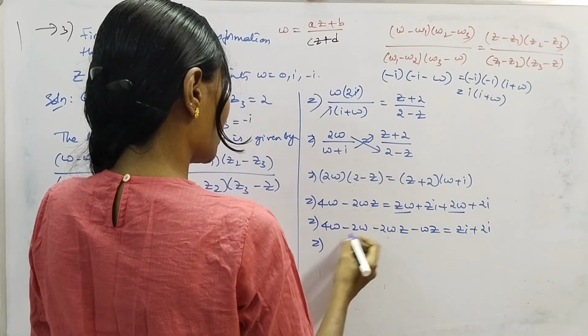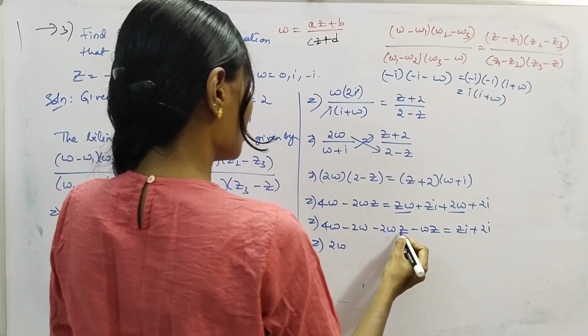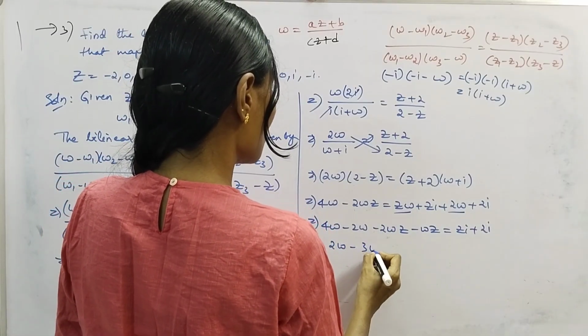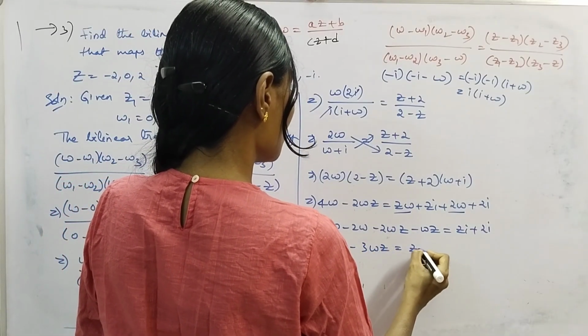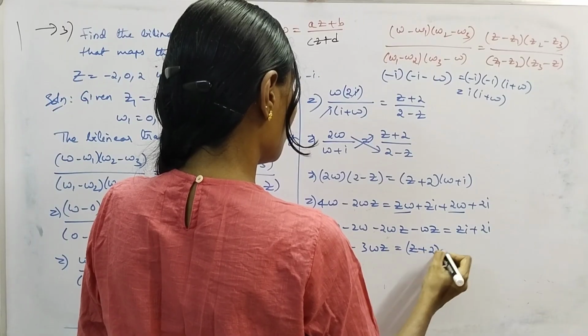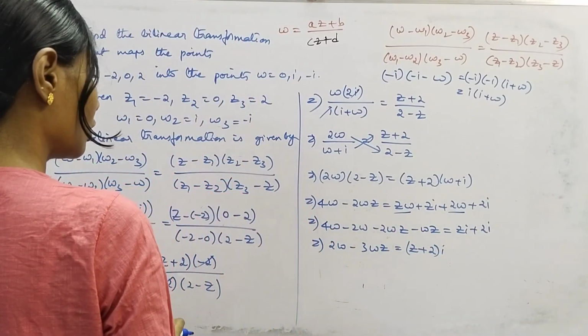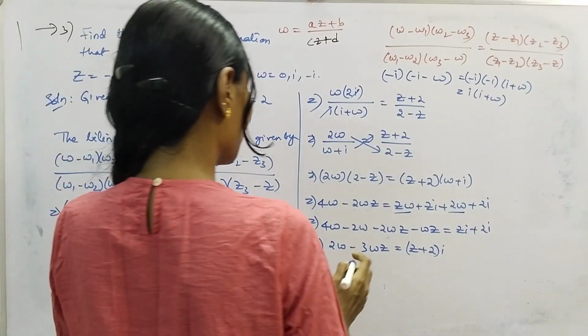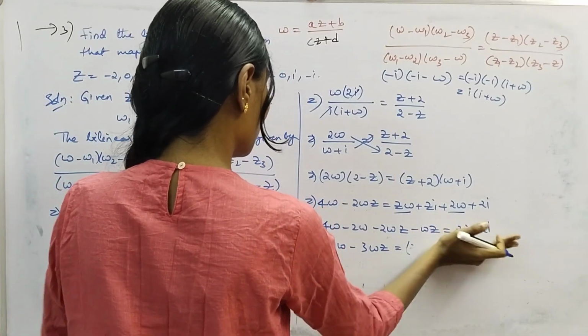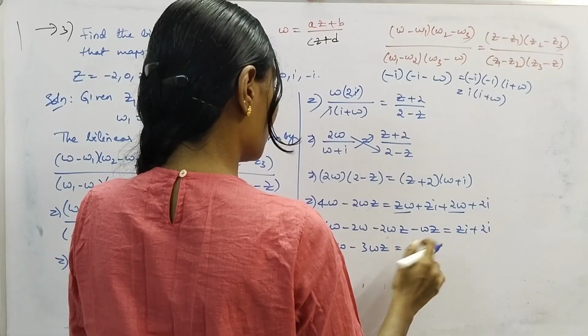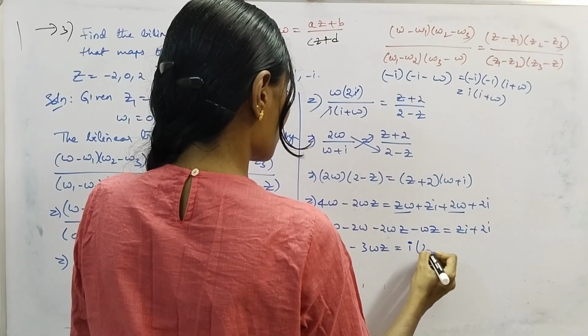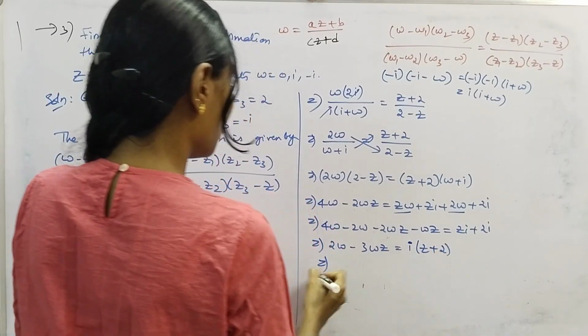Now 4 omega minus 2 omega is 2 omega, minus 2 omega z minus omega z is minus 3 omega z, equal to (z plus 2) into i, or you can write z plus 2i, there is nothing wrong in it. Okay, i times (z plus 2), let it be.